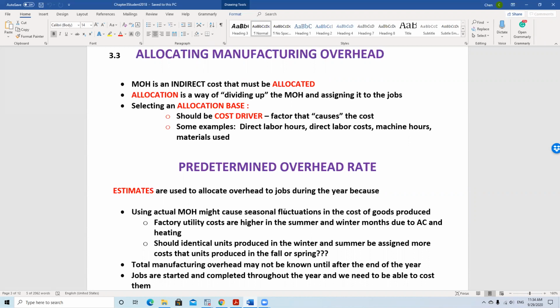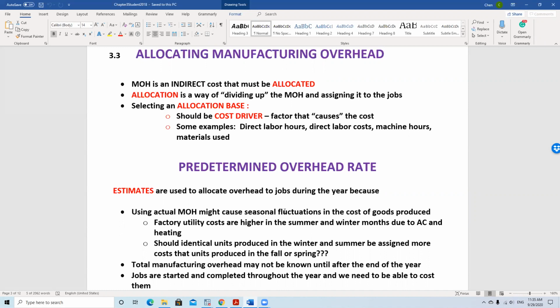And then how can you decide how much of this depreciation and utilities are gonna apply to each job? We're gonna use this manufacturing overhead allocation to determine how much of the depreciation costs or utilities are going to be allocated to each job in your inventory, okay?